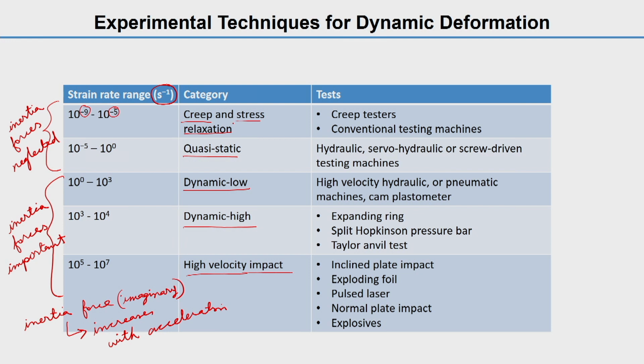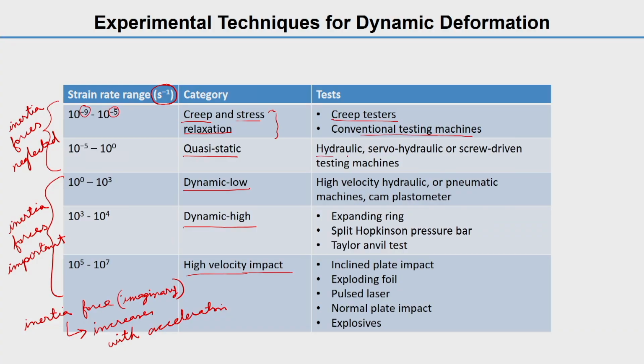For creep and stress relaxation tests, we have creep testers and conventional universal testing machines. Then for quasi-static tests, which we very commonly use, we can use hydraulic, servo-hydraulic or screw-driven universal testing machines. Then for low speed dynamic tests, we can have high velocity hydraulic pneumatic machines or the cam plastometer.